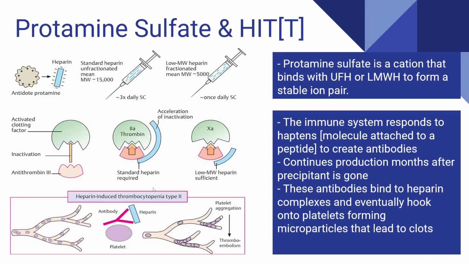That's just a visual to say that the immune system recognizes this change, this addition of heparin, and it's going to create these antibodies because it doesn't know necessarily that it's helping the body. It can't tell that. So these heparin antibodies are going to bind with heparin, and then the tail is going to catch on to platelets and start these small microparticle clots.